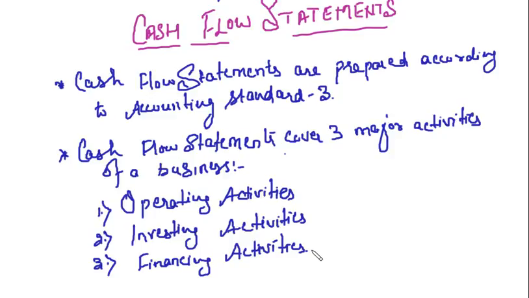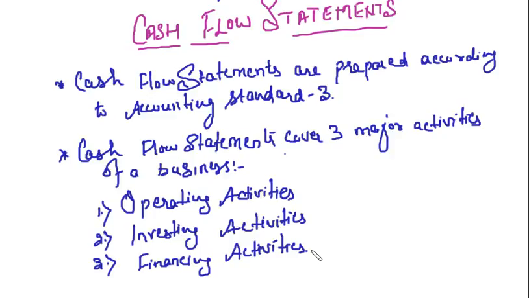Clear, friends? So, the cash flow statements are prepared according to accounting standard 3, and they cover 3 major activities: operating, investing, and financing.